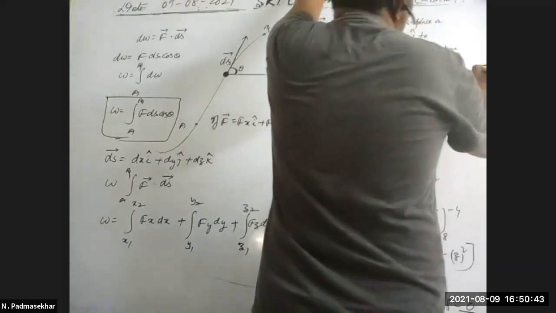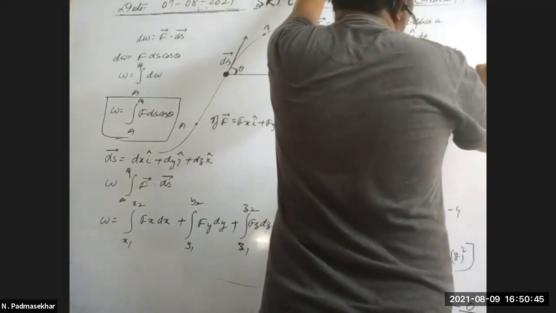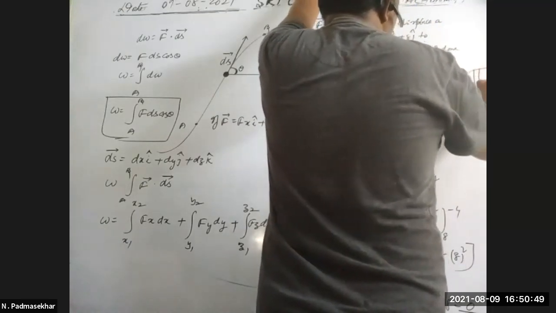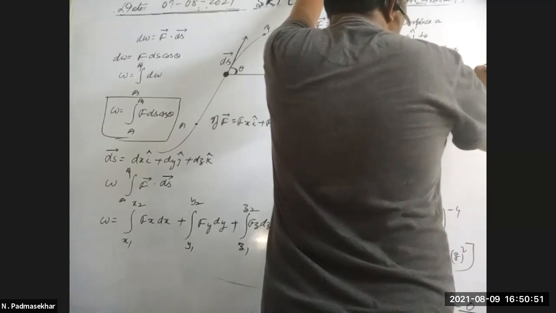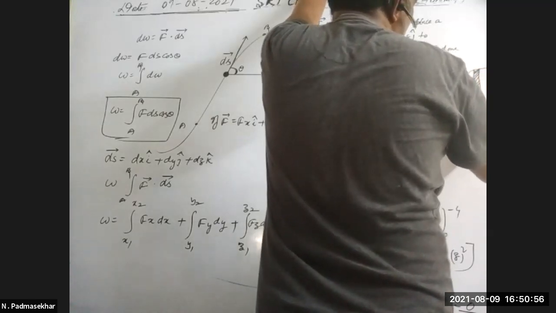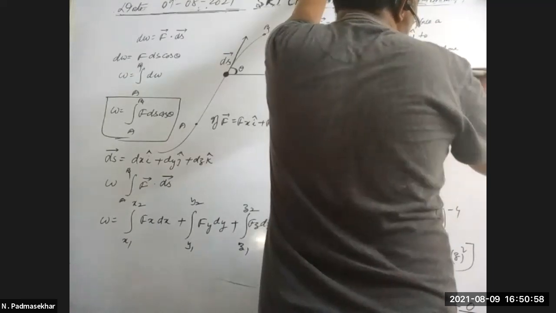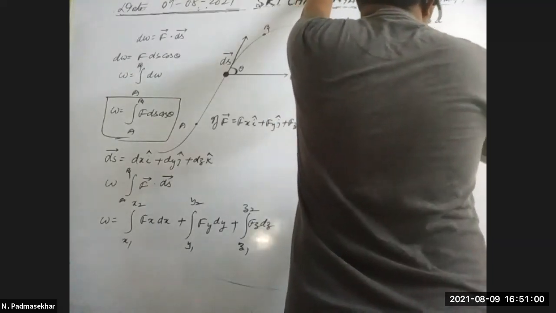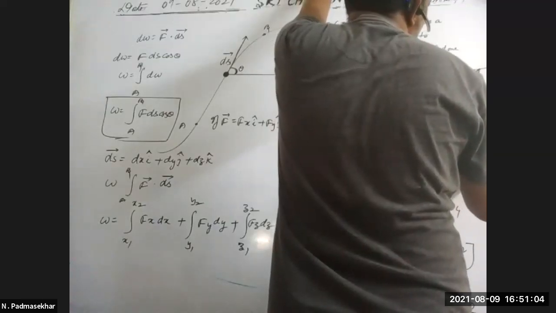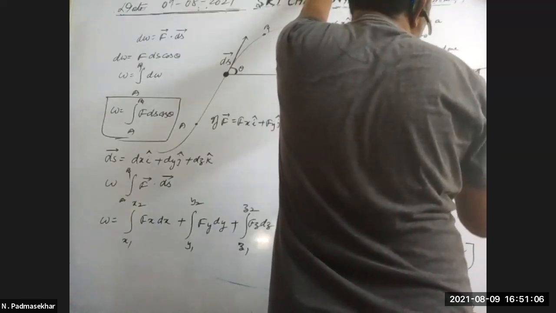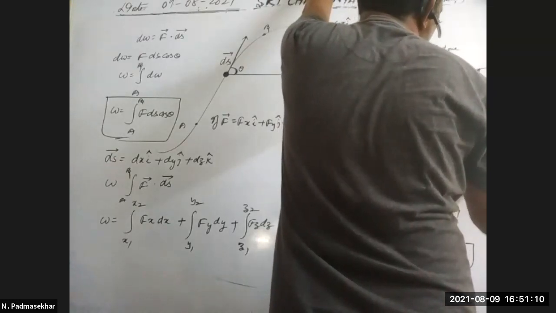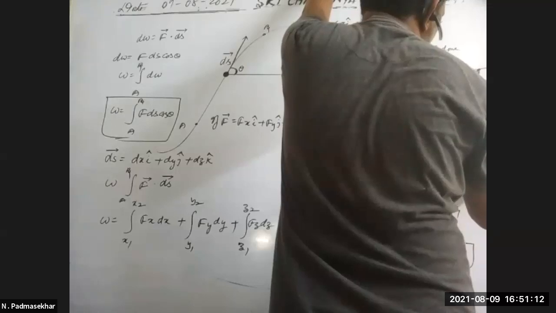I consider two points very close to each other, so the force is almost equal. This is ds and the force is F. So dw is equal to F ds, and W is equal to the integral of dw from S1 to S2.